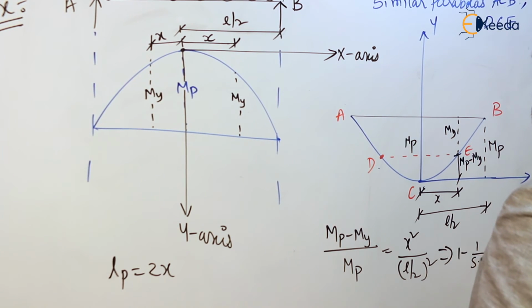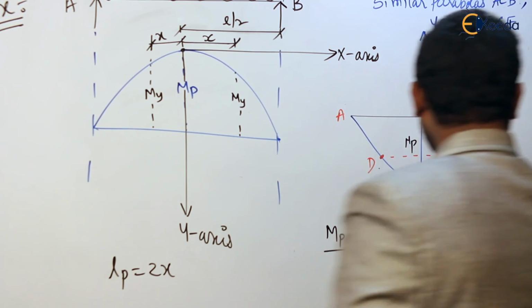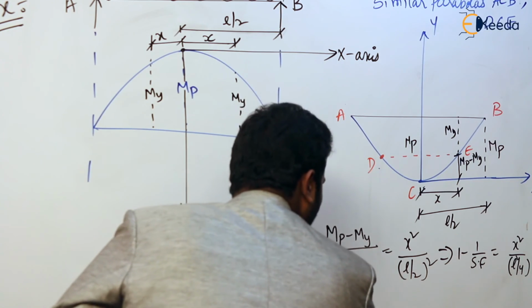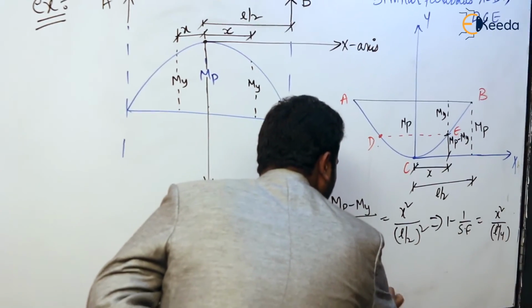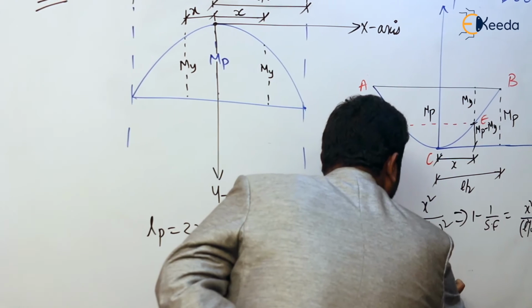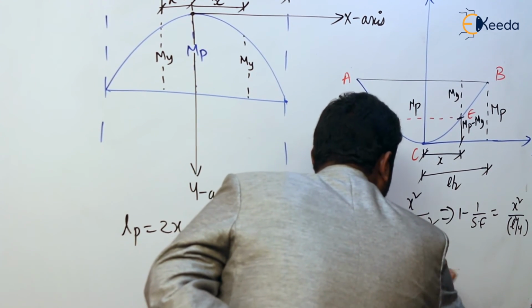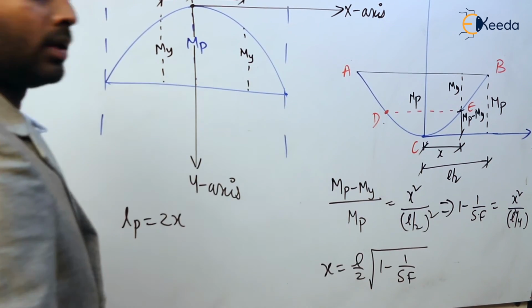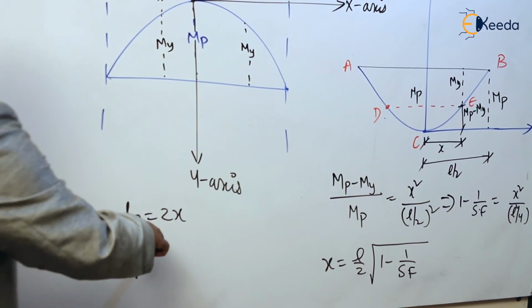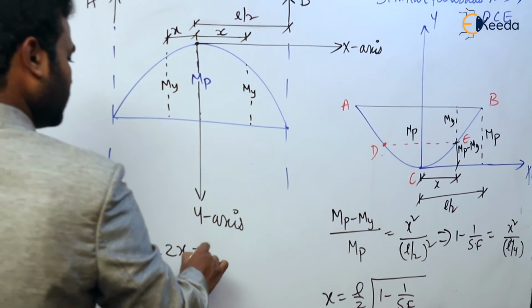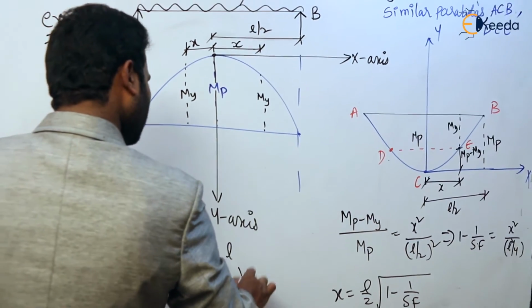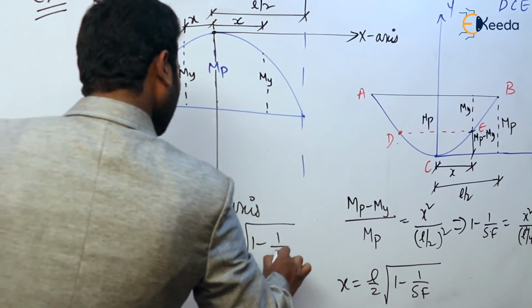Now take this L square by 4 to this side. Finally we get x is equal to L by 2 under root 1 minus 1 by shape factor. This is how we get it. Now from this the plastic hinge length LP is twice x, which is equal to L into under root 1 minus 1 by shape factor.